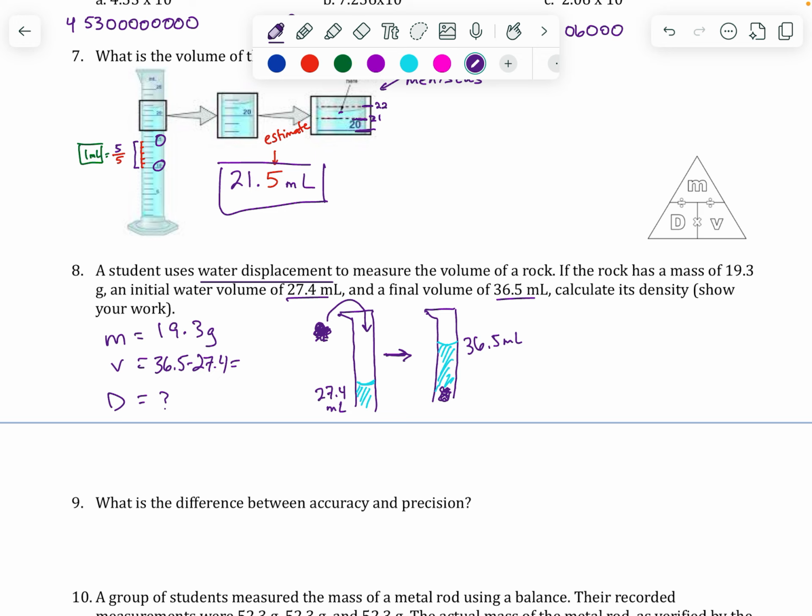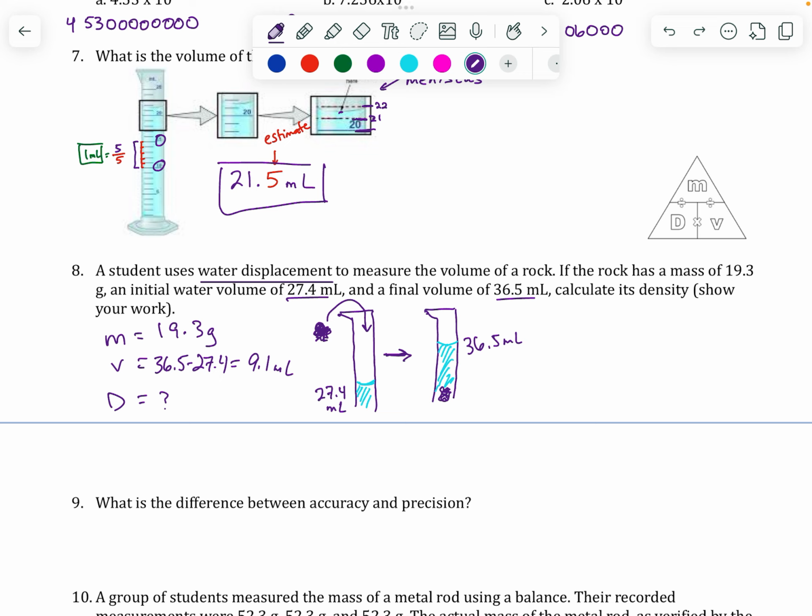And I'm going to do that here in a calculator really quick, and not pull up the graphing calculator because that's a little much for this. But we should end up with, if what I look at is inputting it correctly, 9.1 milliliters. So what this tells me is that this specific rock takes up 9.1 milliliters, and that's the volume that I'm going to use in my equation.